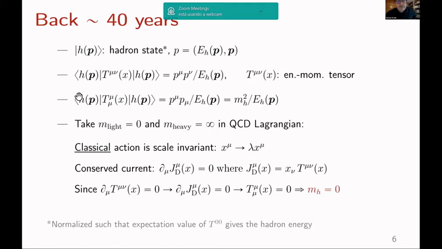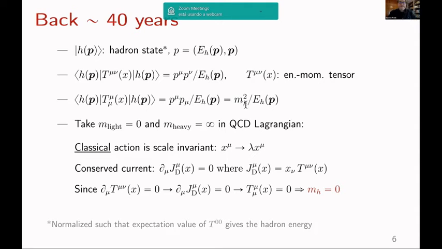Okay, suppose we have a hadron state. Then this is the energy momentum tensor, the expectation value, and from Lorentz invariance we get this general expression. So, if we take the trace of this energy momentum tensor, we get essentially the hadron mass.